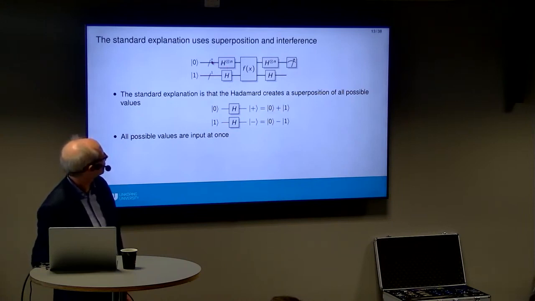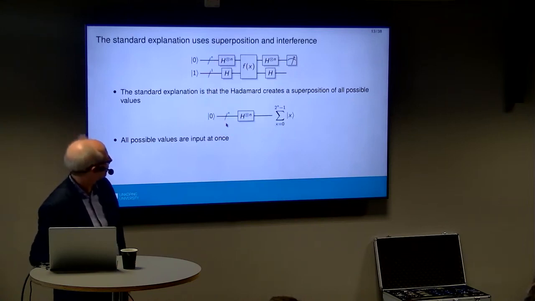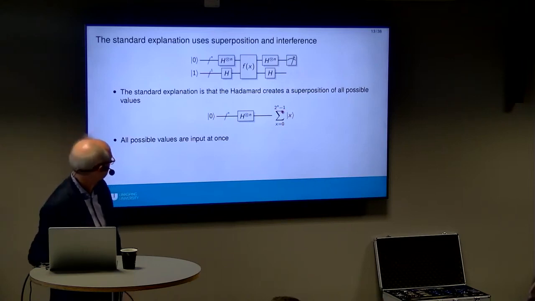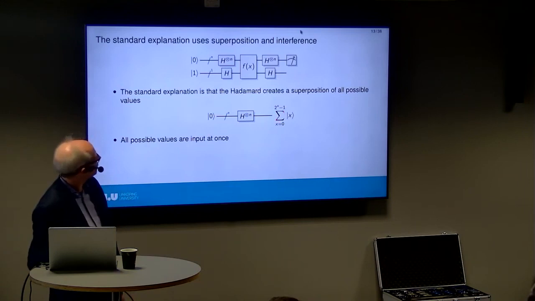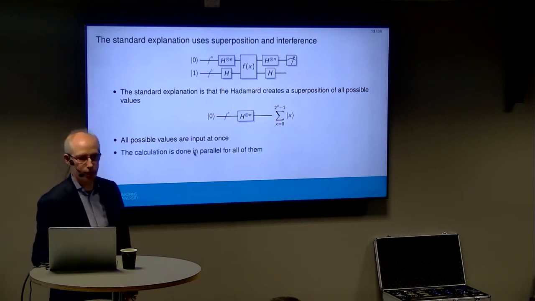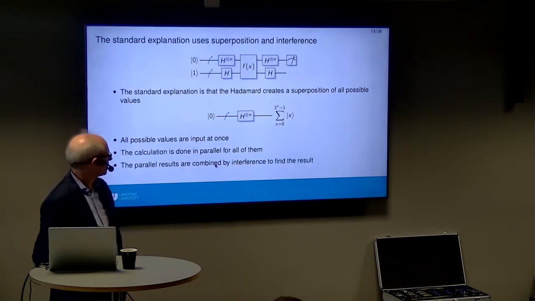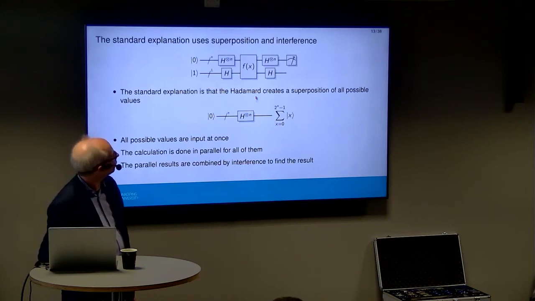And you can see I'm writing n here for n bits. So if I do that, there will be a sum over all the possible values on the input from 0 to, well, as many bits as I have, all the values. All possible values are input at once to the function. The calculation is done in parallel to all of them. And then somehow the parallel results are combined by interference. That's the effect we use here to find the result.